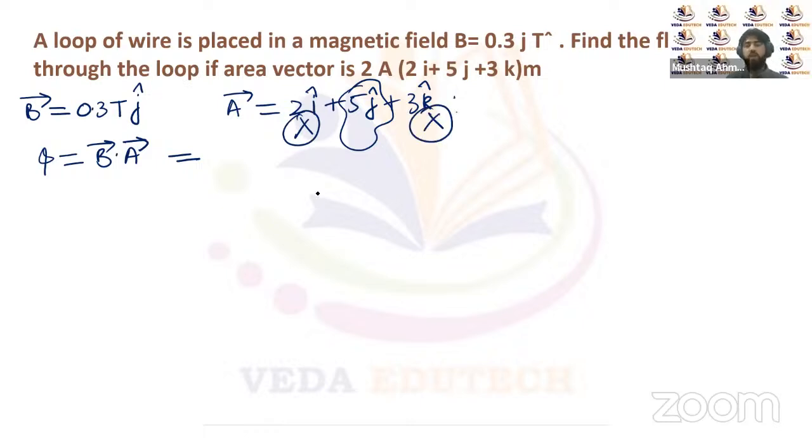The only component which will pass through it is the j cap component. So the phi here will be 5 multiplied by 0.3, equal to 1.5 Tesla meter square. That will be the flux associated with this area vector having the magnetic field 0.3 Tesla along j cap direction.